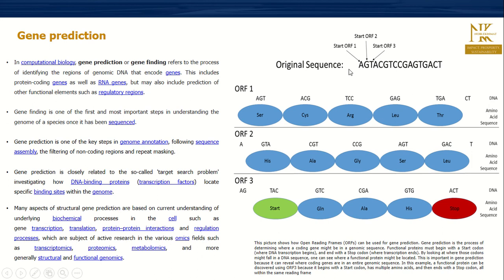You can start reading the gene from where we can find the gene, where we can predict it from. So we started from the first one. We saw, oh, this is the wrong prediction. Second, from G, wrong prediction. It was when we started from T that we found the start codon of that particular gene, and we reached the stop codon of that particular gene. So that means open reading frame 3 is the right reading frame to start reading your gene of interest from.